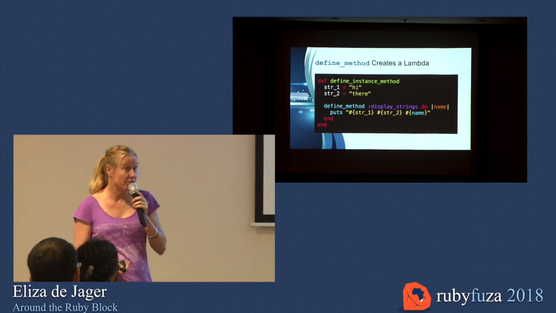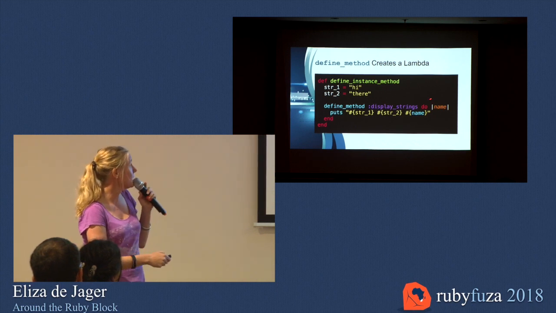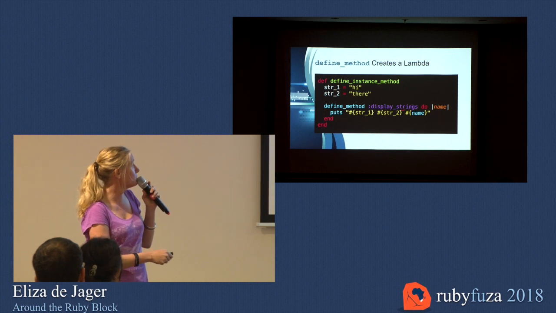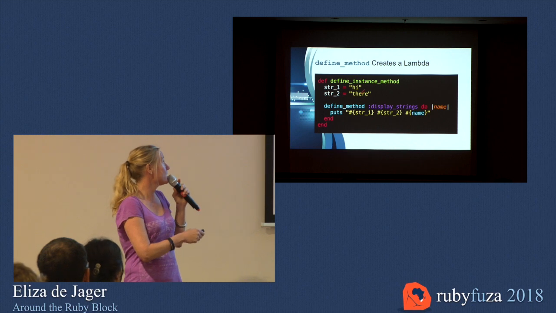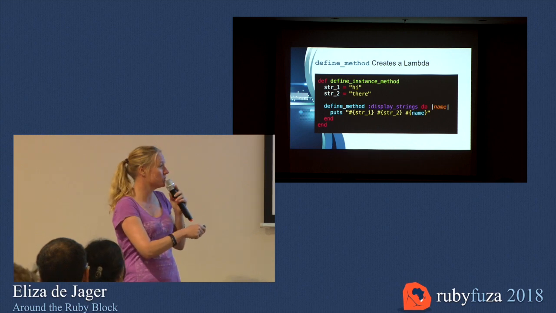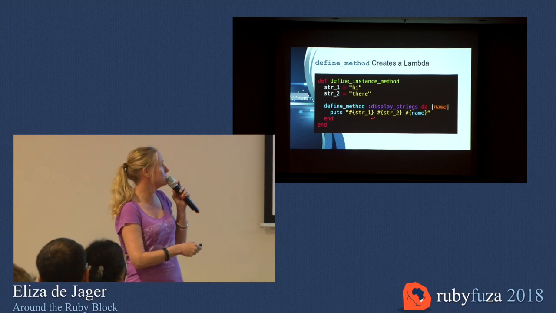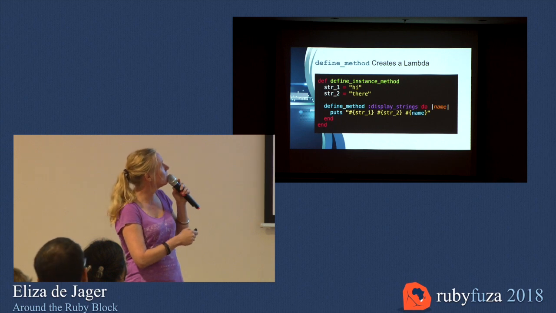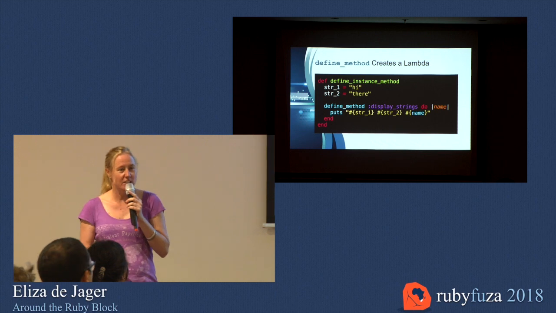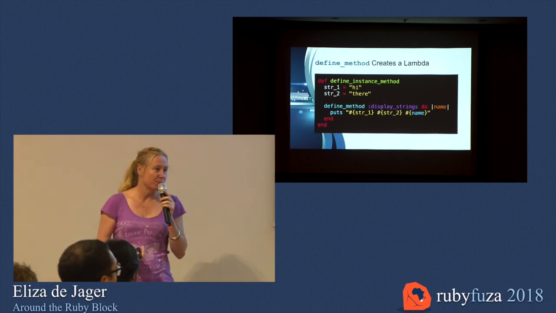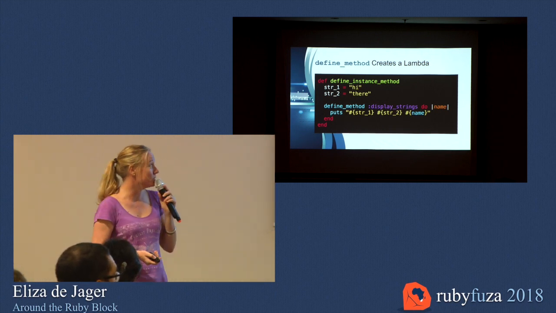But we know now define method is smart enough to use a lambda when it creates display strings, which means there's going to be a copy on the heap of the stack frame containing those 2 variables. And that's going to allow display strings to function just fine long after define instance method has exited. And that's a good thing because, as you know, instance methods tend to remain for the duration of your program.